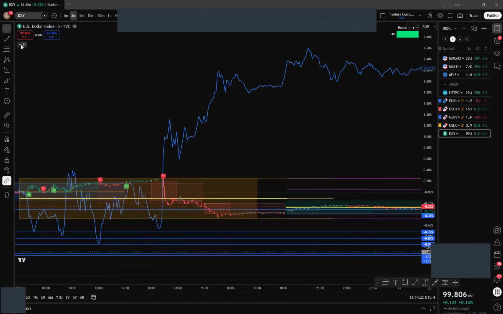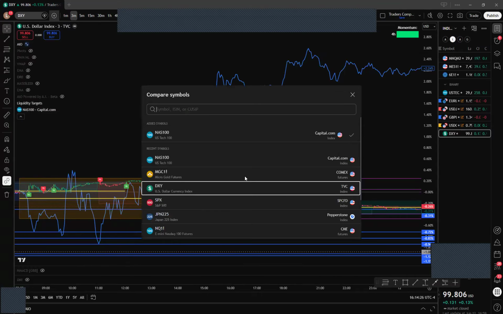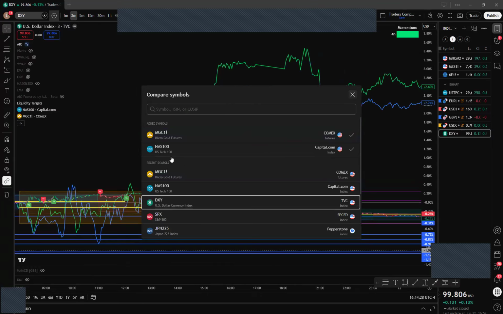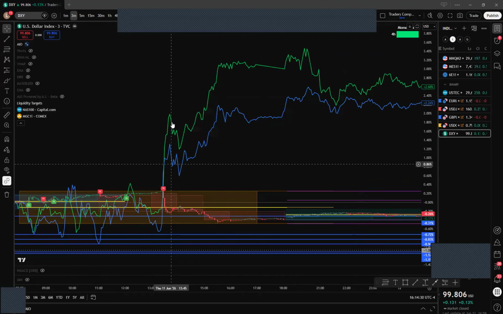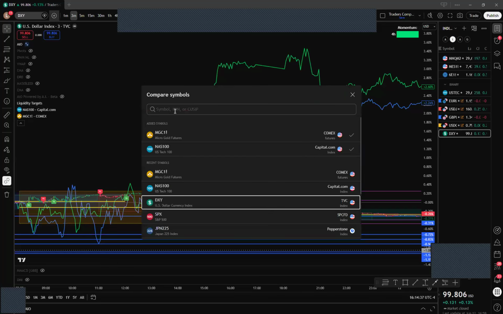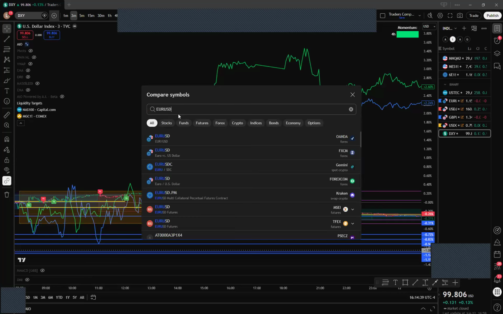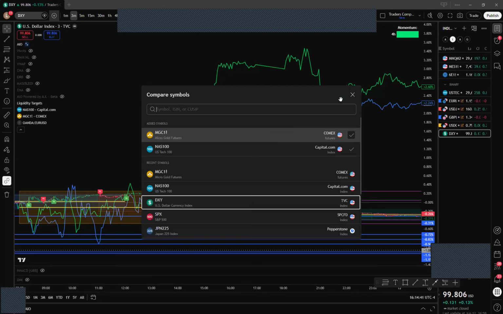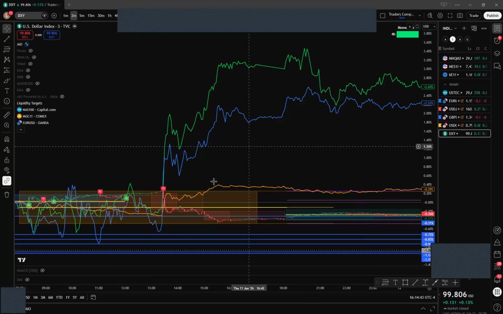Let me show you one more thing. If you trade more than one currency pair, you could add more pairs. So you've got gold, you've got NAS, and just for kicks, I'm going to add the euro dollar if you trade Forex. All of those should be in the same direction.